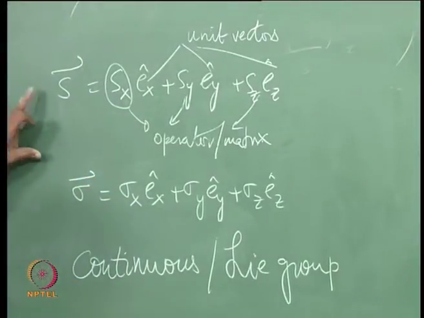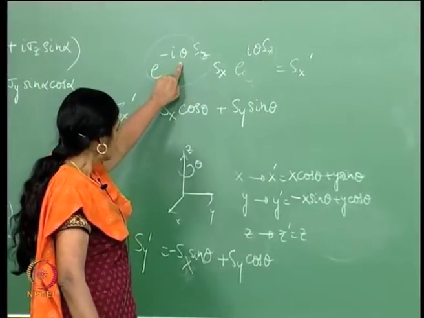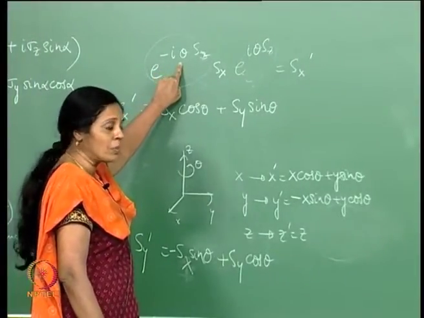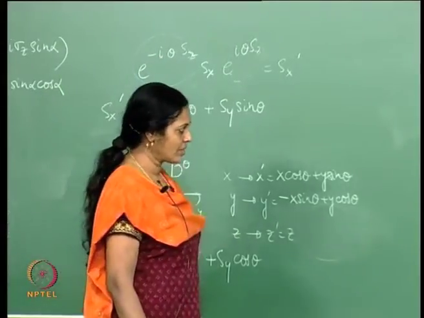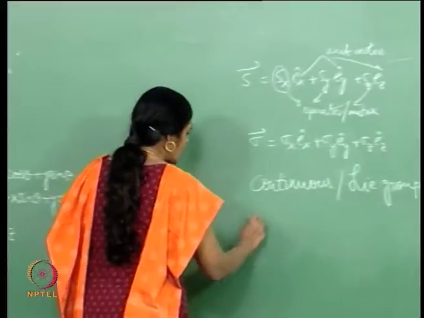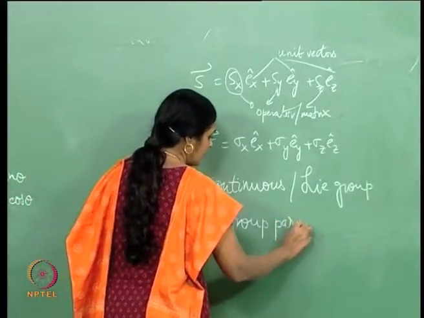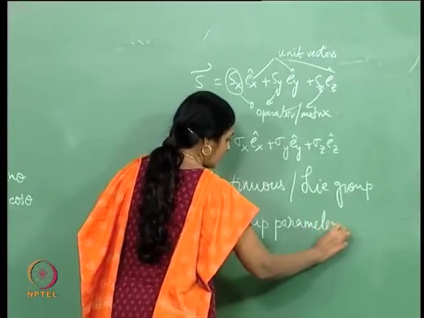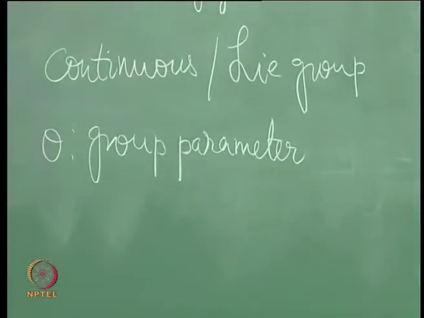Similarly, in the context of spins, the theta here can go from 0 to 2 pi, and this too defines a continuous group of transformations. So, theta is the group parameter, and as theta changes, I get the entire set of elements, which is a continuous infinity of elements.